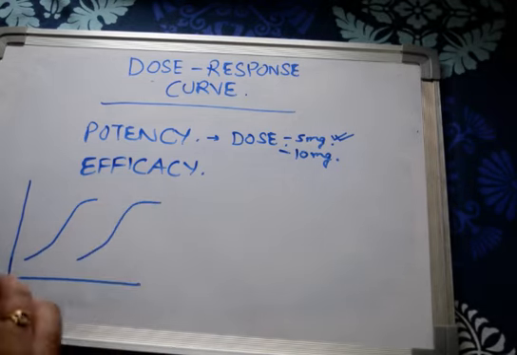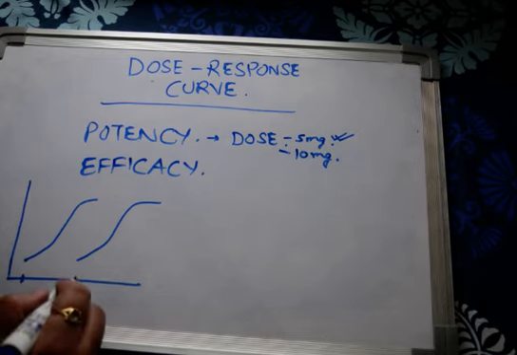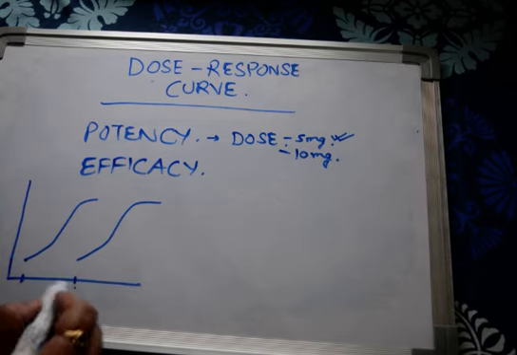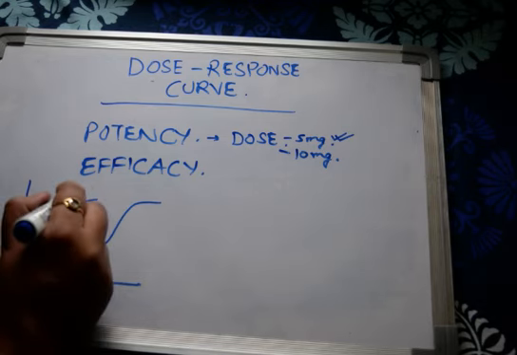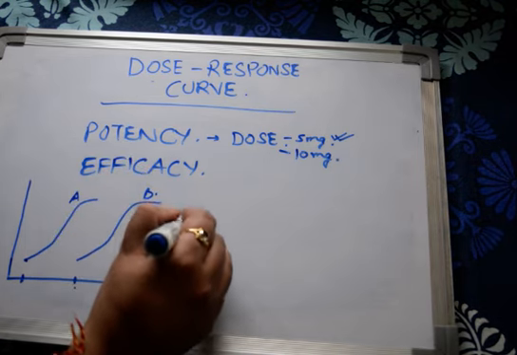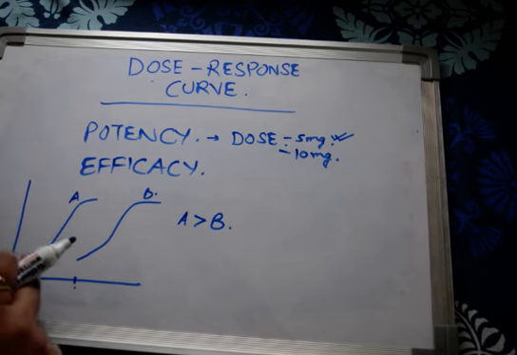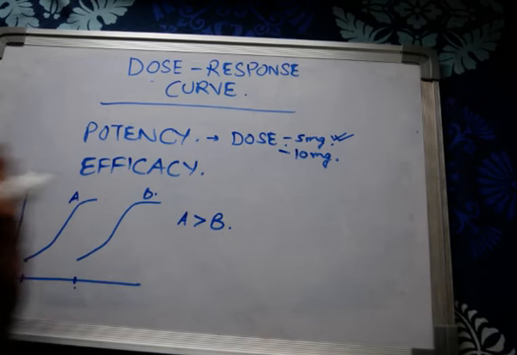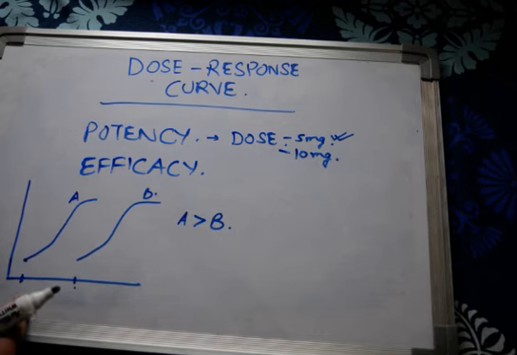This is the dose. One drug is showing an effect at a lower dose here, and another one is showing a response at a higher dose. So, for example, this is drug A, this is drug B. I can say drug A is more potent than B because it is towards the left on this curve. Okay, so this is one important thing.